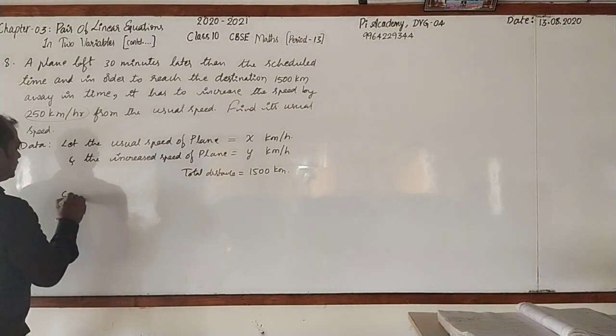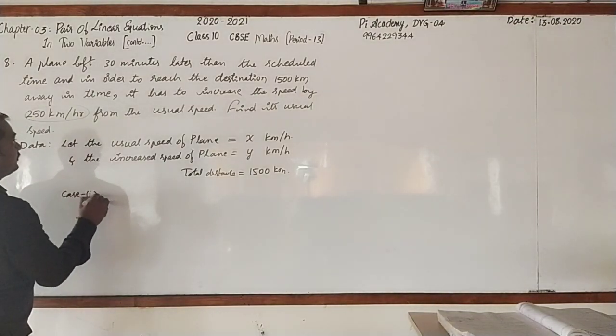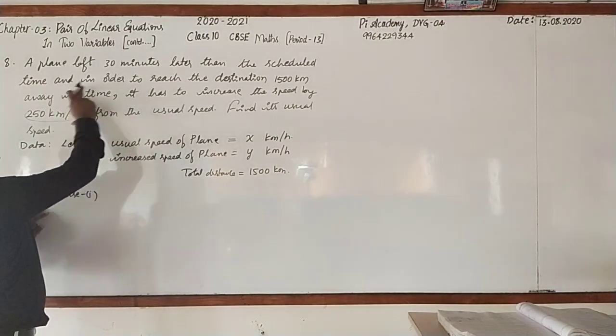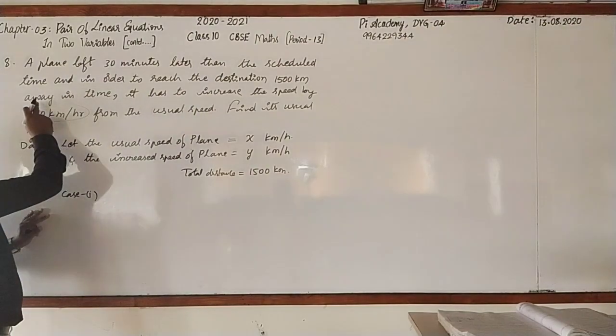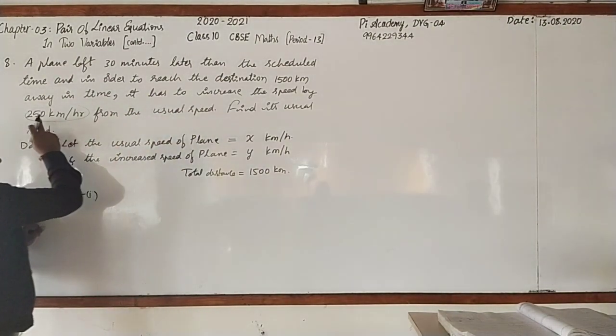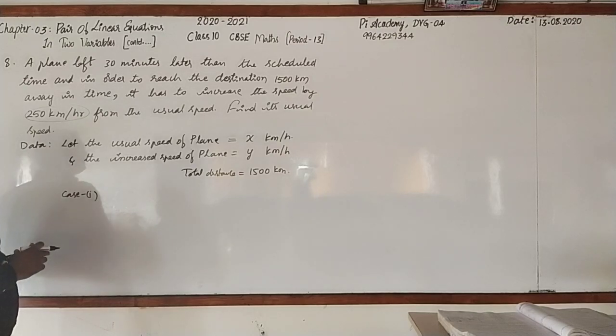Now I will go for taking case 1. Here I will write, in order to reach the destination 1500 km away in time, it has to increase the speed by 250 km per hour.